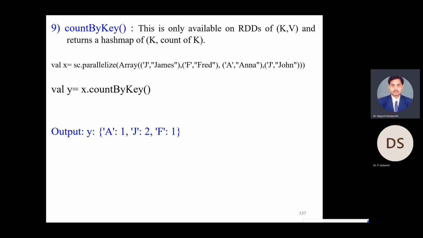Now value y is equal to x.countByKey. See, you get A with 1, F with 1, and J with 2. This is the output of count by key.